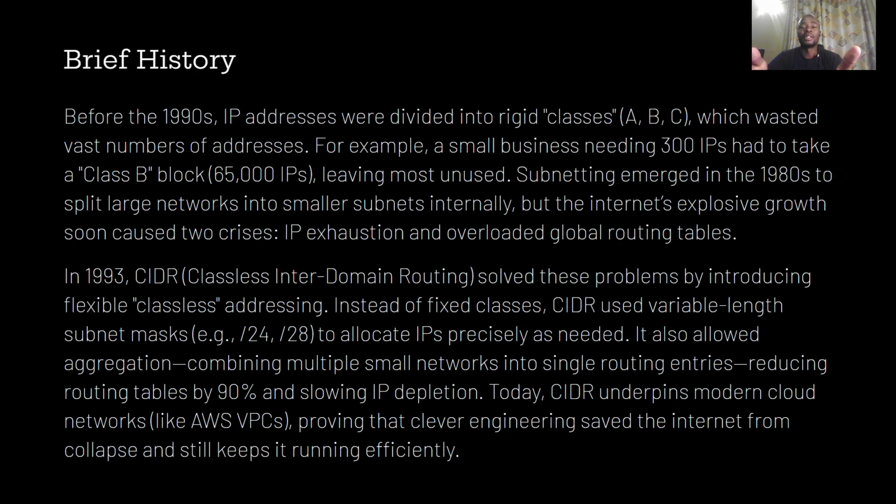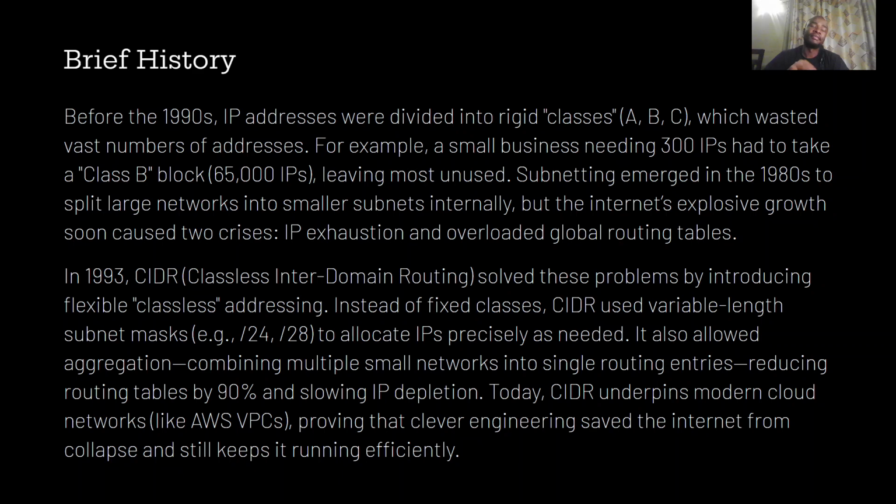For example, a small business with a limited number of computers would be assigned a public IP block with close to 65,000 IPs, whereas it probably needed 1,000 or less. This would leave most IPs unused, making it quite extravagant, to say the least.